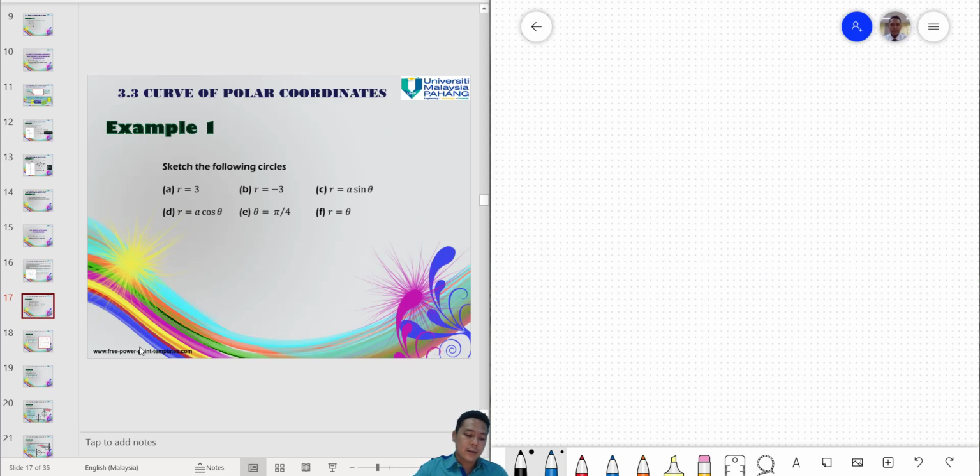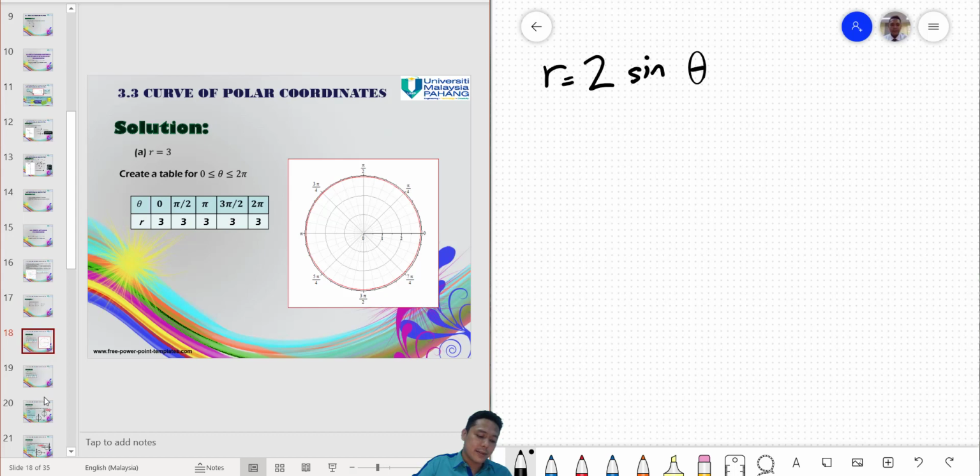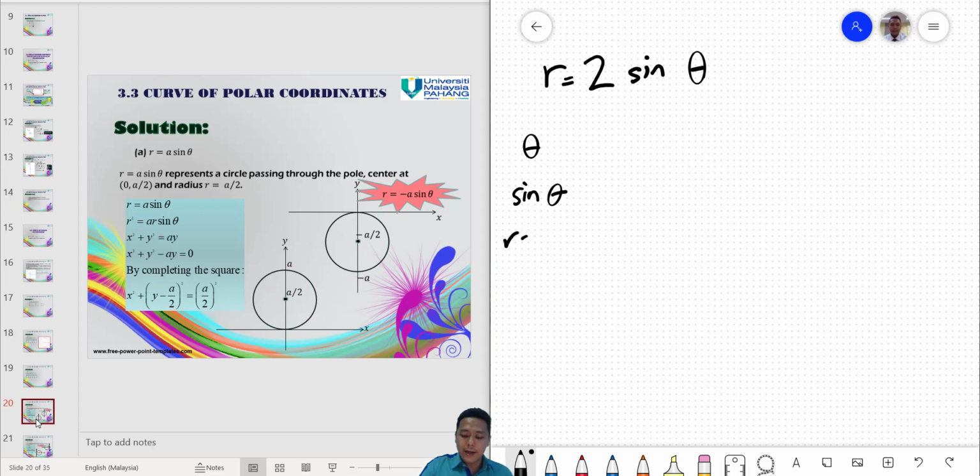Let's try another one. This time, for example, we try to represent r equals 2 sine theta, like the item C there. Right now, try to do the plotting, which consists of theta, sine theta, and of course the value of r, 2 sine theta.